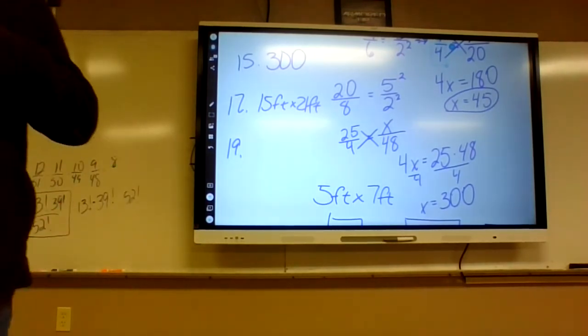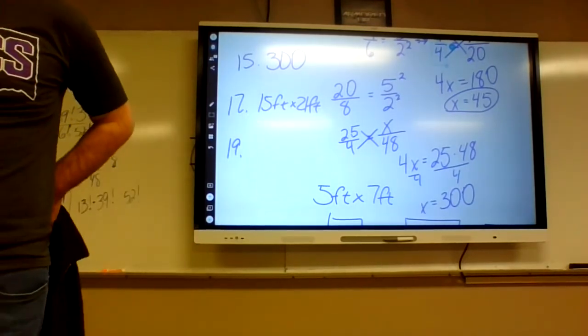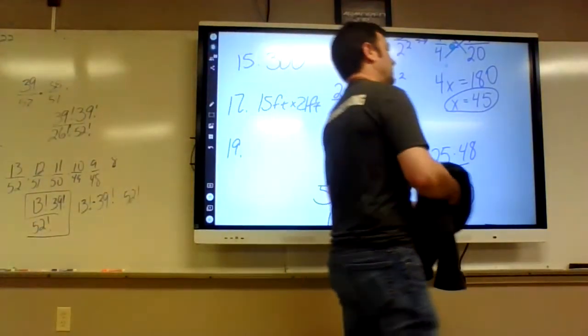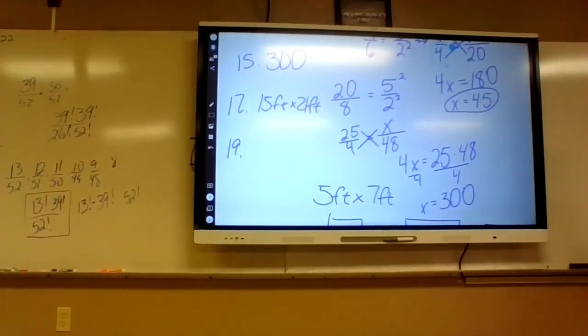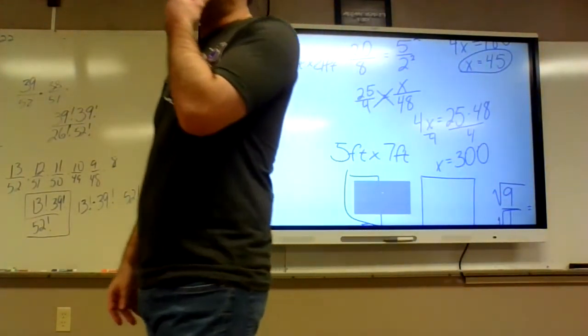The directions say find the smaller to larger perimeter ratio for each pair of figures. How do we find the perimeter ratio? The perimeter ratio is the same as the similarity ratio, same as the ratio of the sides.